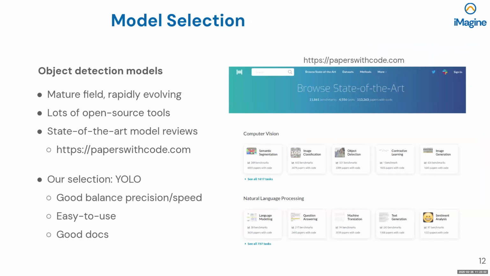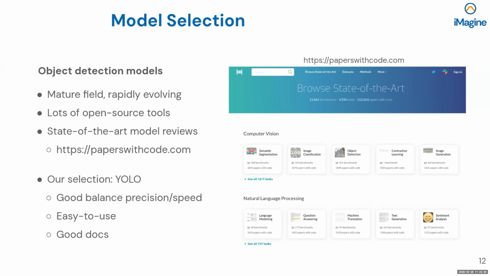For model selection, well, there are a lot of AI models out there. It's a mature field, rapidly evolving. There are a lot of applications out there, very interesting. If you want to set up your own model, object detection or any kind of AI-based system, and you don't know which model to choose, I recommend you browse through this Papers with Code website, which has a lot of reviews of different tasks and different algorithms, and it's very useful.